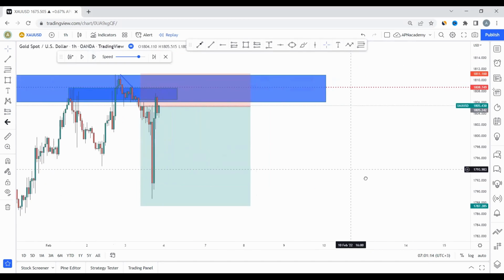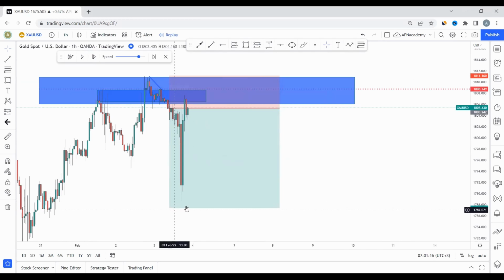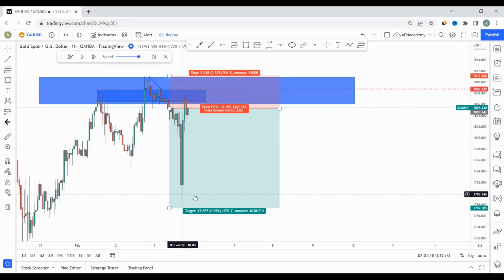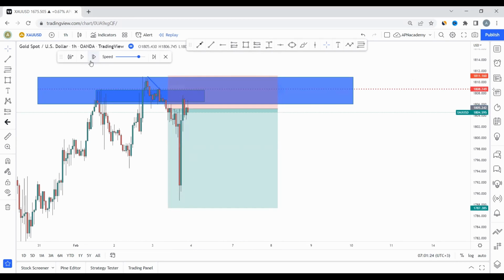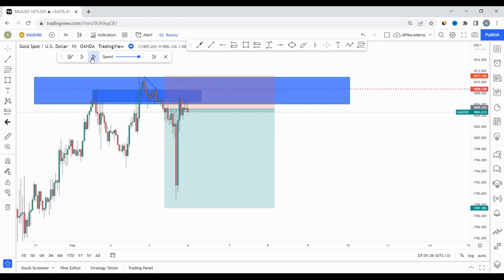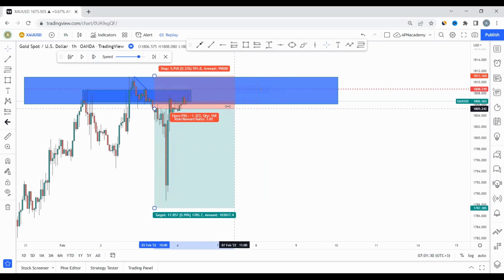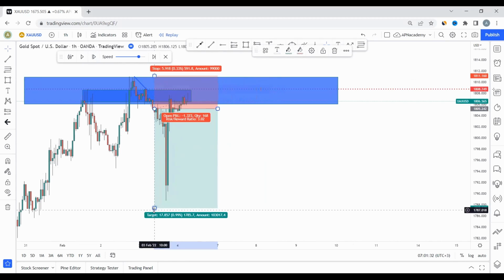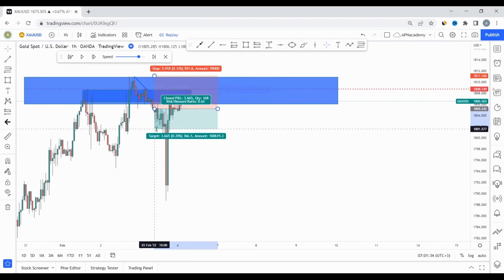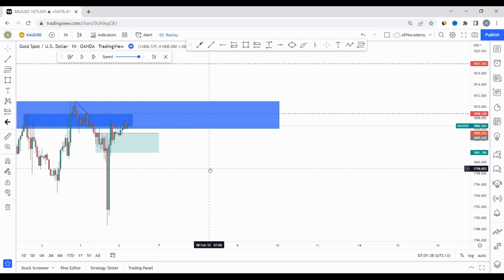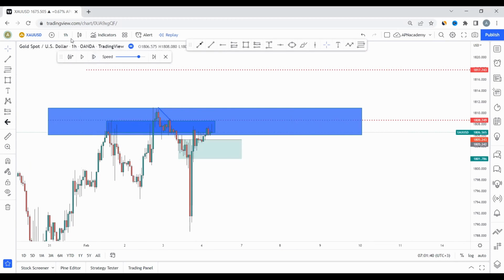So the market came and missed our target by just a few pips, right? But in this case, you will have protected your trade. We're going to be speaking about how you can protect your trades. So I'm going to assume that in this one you went break even, right? Now let's go back to daily.